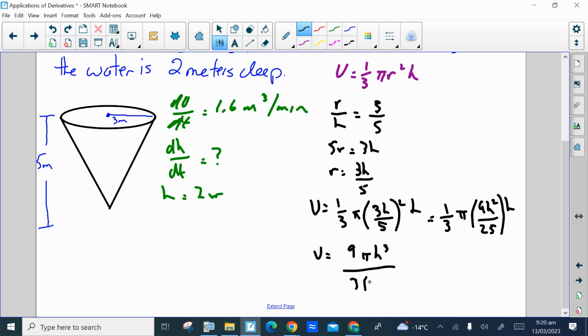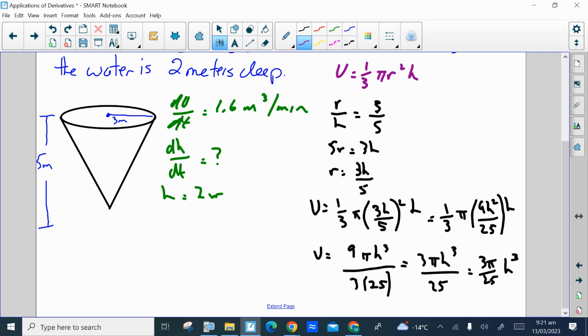If we leave it as 3 times 25, because we can now divide the 9 by the 3, that'll give us 3 pi h cubed over 25, or 3 pi over 25 h cubed.